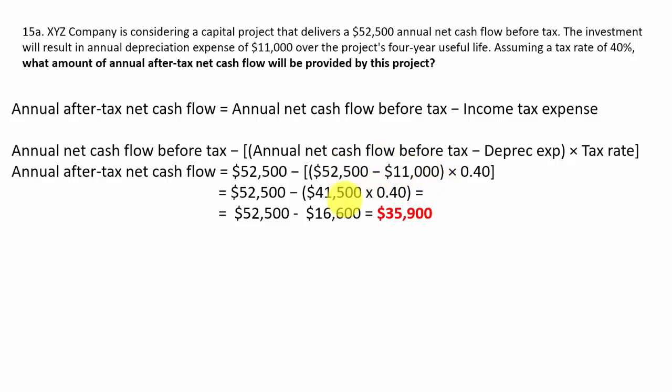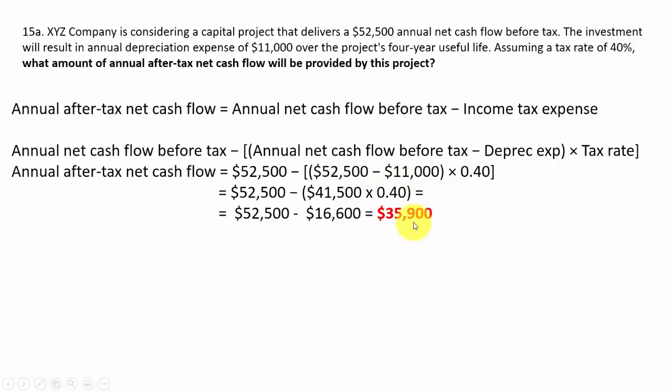And so the $52,500 minus $11,000 times 40% means you're only going to be paying taxes on $41,500, not $52,500, but $41,500. So that means that your annual after-tax cash flow will be this $52,500 minus the taxes of $16,600, because that's the amount of tax that you're going to pay on the $41,500, which is the annual before tax cash flow minus this depreciation, which is going to lower your taxes.